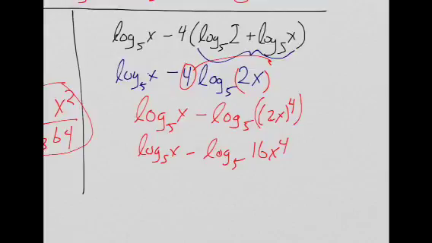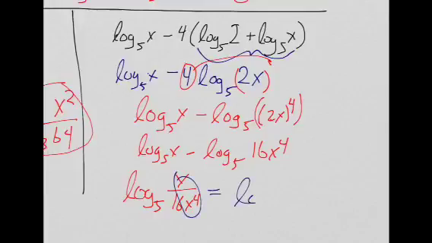Now I can finally take care of my subtraction and do my quotient rule. Log base 5 of x over 16x to the 4th. And say, hey, wait a minute, I can do a little bit here. I've got x over x to the 4th. Let's simplify that. The log base 5 of 1 over 16x to the 3rd.